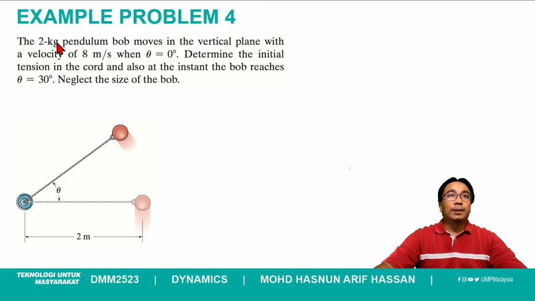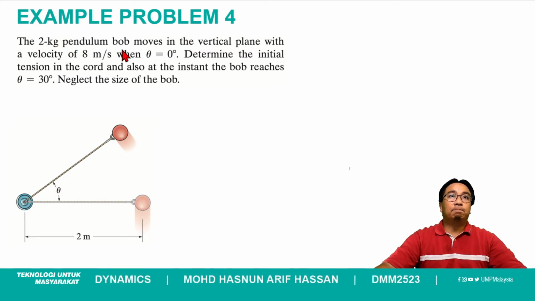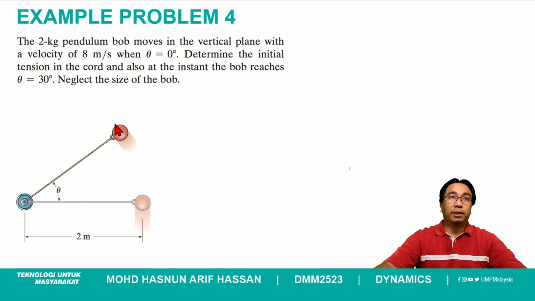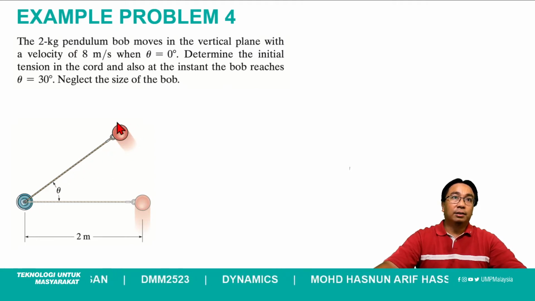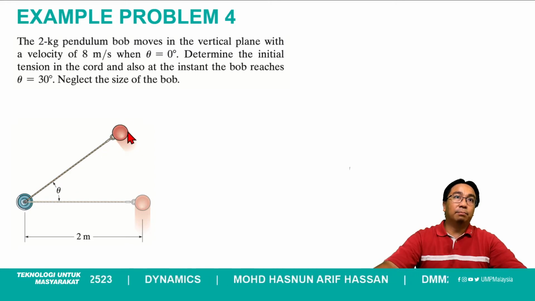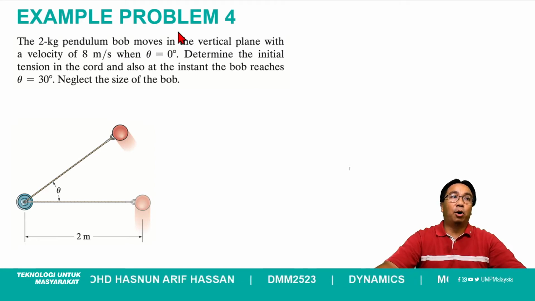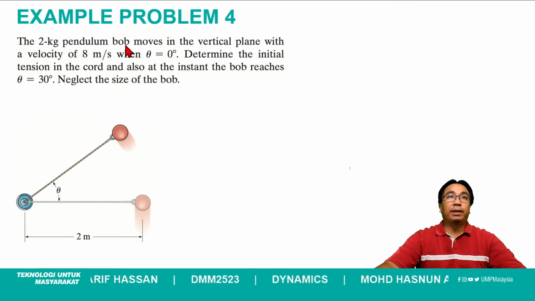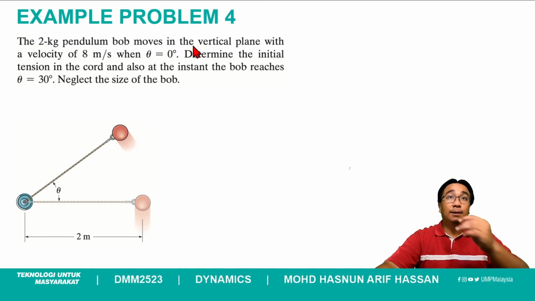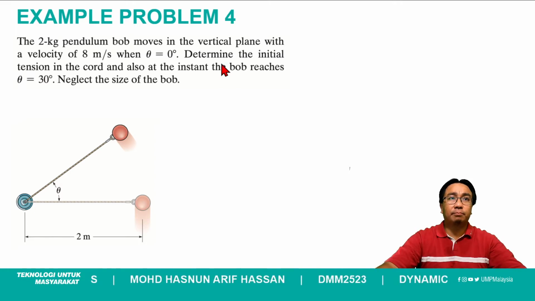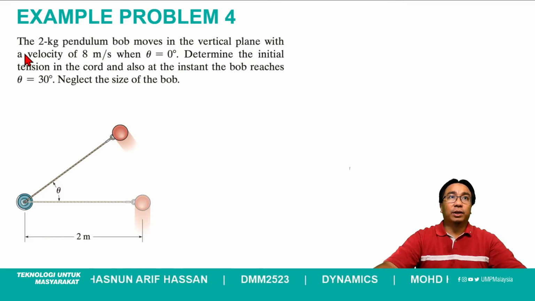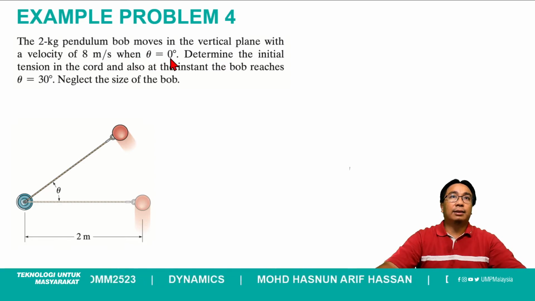Okay. The 2 kg pendulum bob. The bob is this ball, the ball connected to the rope here. The whole thing, the rope and the ball, we call the pendulum. The ball alone is called the bob. Okay, the 2 kg pendulum bob moves in the vertical plane with a velocity of 8 meter per second when theta equals to 0.